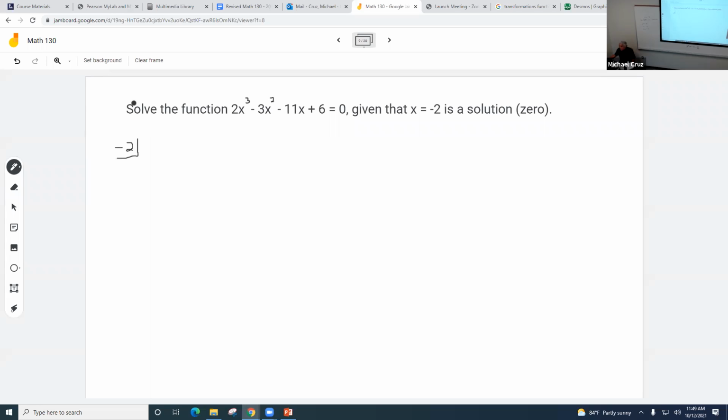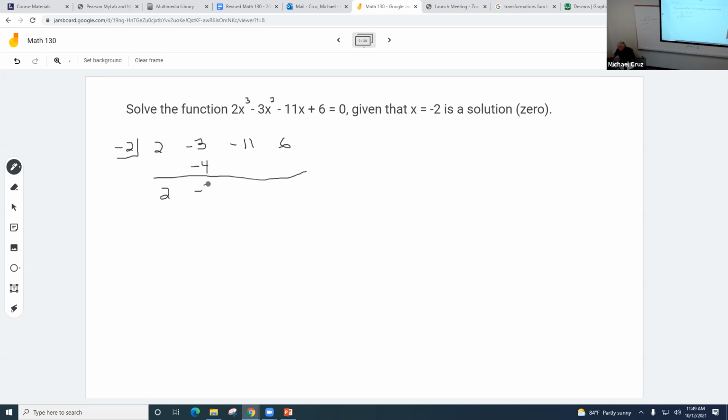There's nothing missing here. Now 2. 2 times -2 is -4.